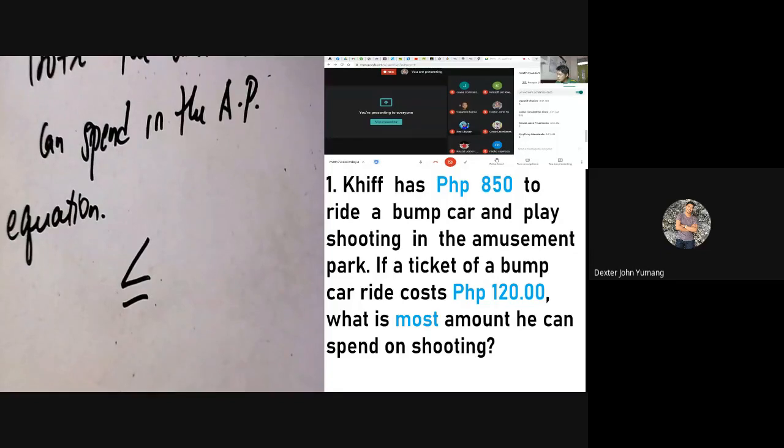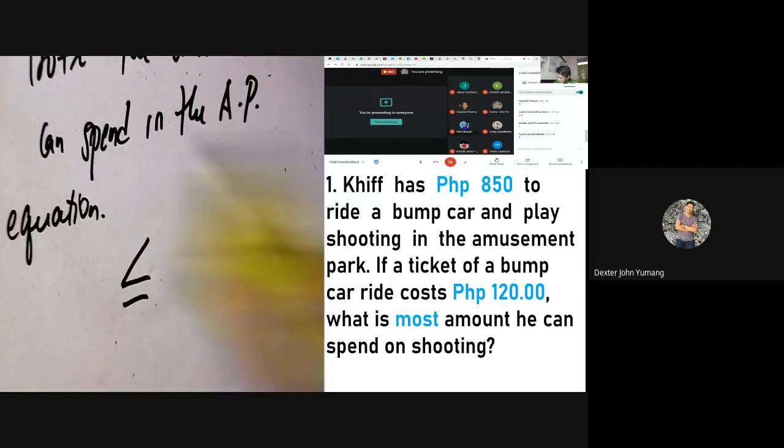Ashley, you will be using greater than. It should be less than or equal to, Ashley, kasi nga po, the word was at most. Sige daw, i-type daw ang equation or inequality.